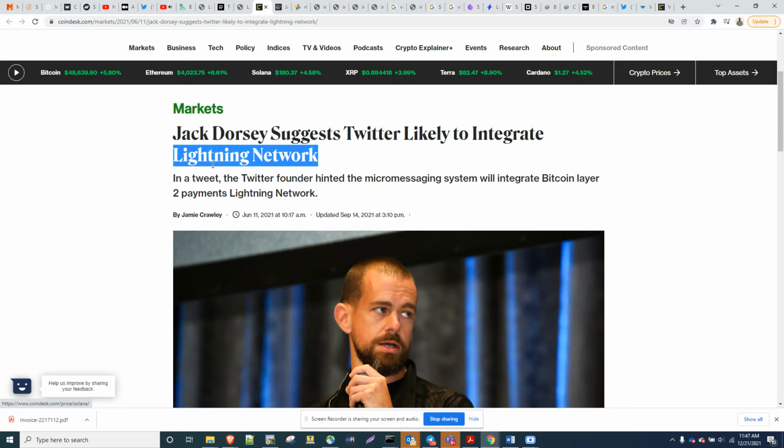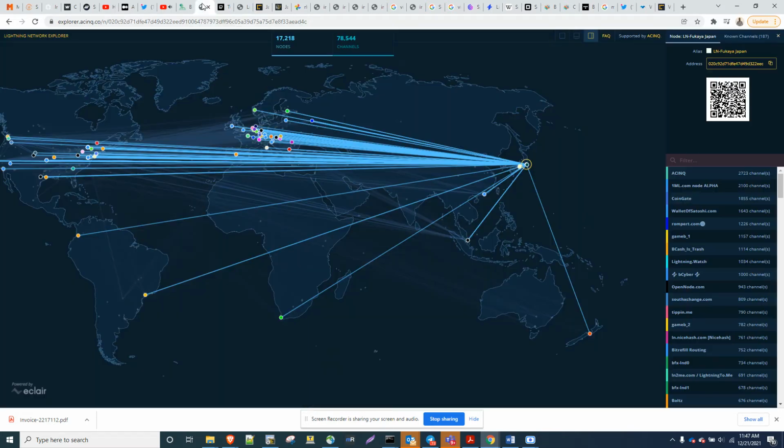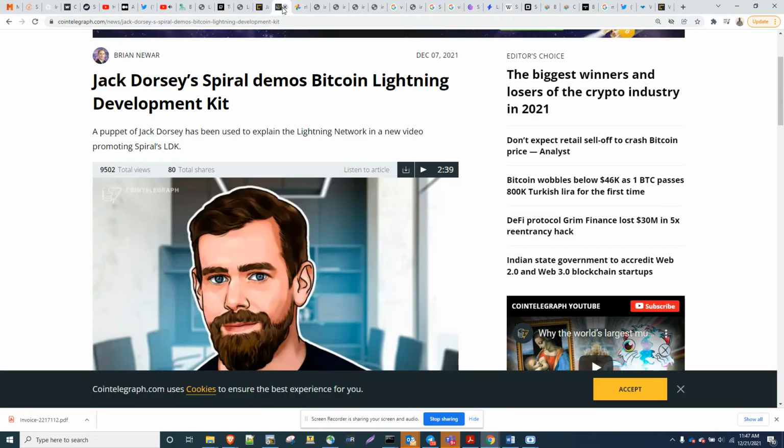All right, for the Bitcoin network. So check those, suggest Twitter will likely integrate with the Lightning Network. I've already showed you what the Lightning Network looks like, and now look at that. Check those Spirals demo, Bitcoin Lightning development kit. So remember that Square has been renamed to Block.